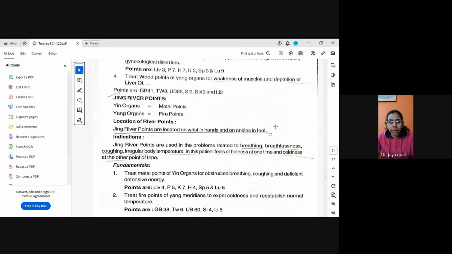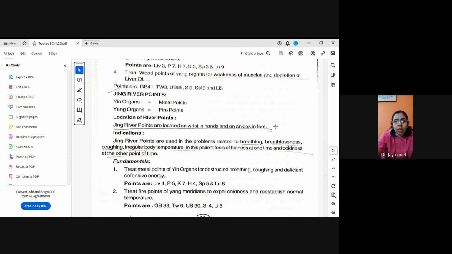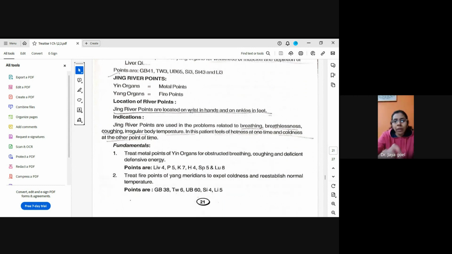And the treatment of the metal points of the yin organ is for obstructed breathing, coughing, and deficient defensive energy. These are for the metal point of the yin organ.